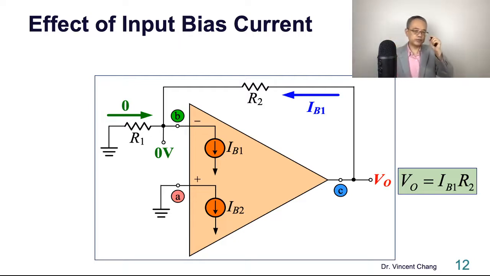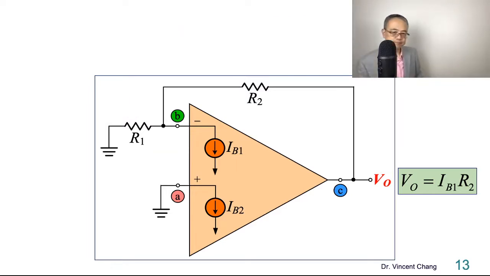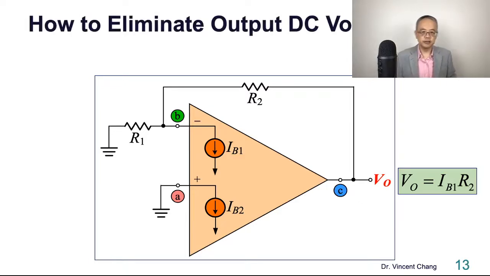So now I'm going to teach you one of the popular ways to suppress, to compensate, to eliminate the output DC offset voltage coming from the input bias current. The way is we use a resistor called a compensation resistor.